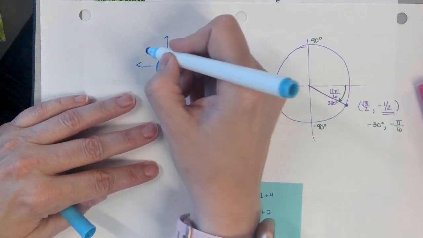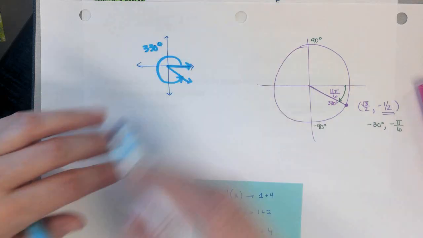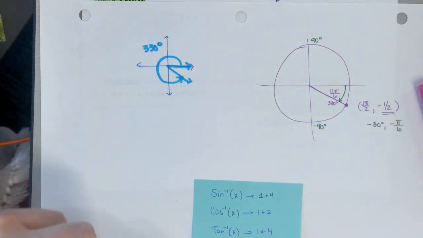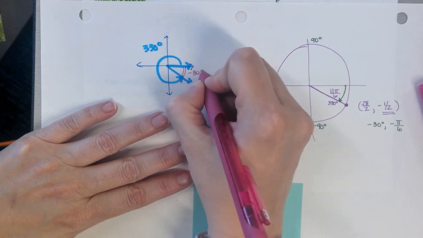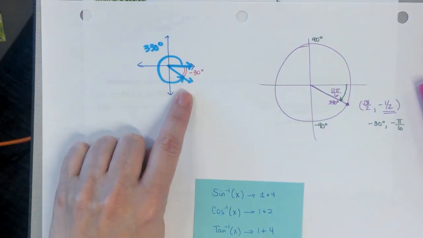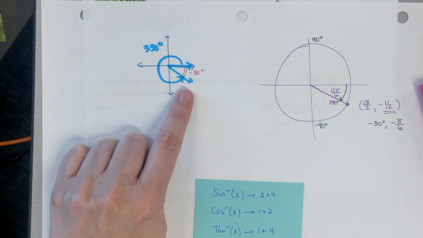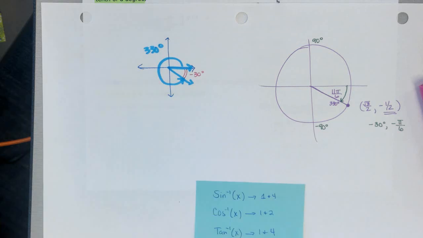This here is 330 degrees. That's the positive name. But this angle here is -30. So they end at the same place, but they just have two different names. We're going to be using that today.